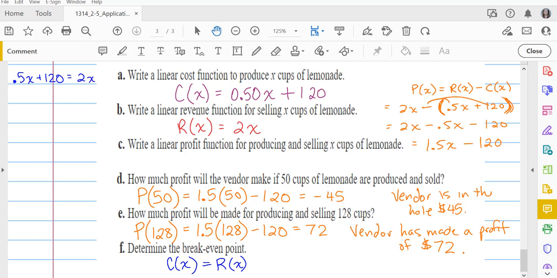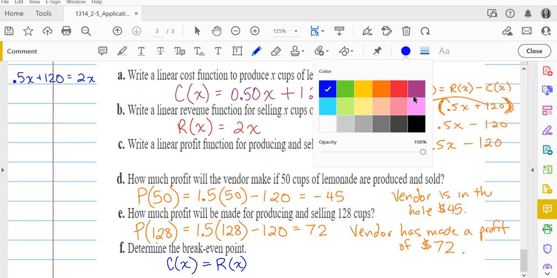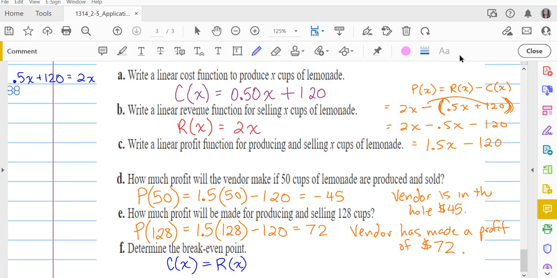Solving that equation for x, I'm going to subtract 0.5x from both sides, so I get my x's on the same side. When I do that, I get 120 equals 1.5x.